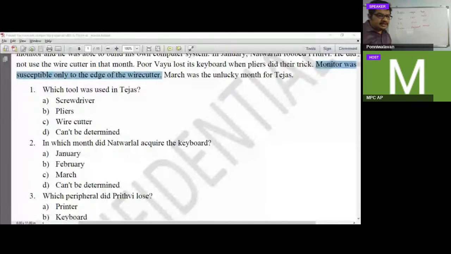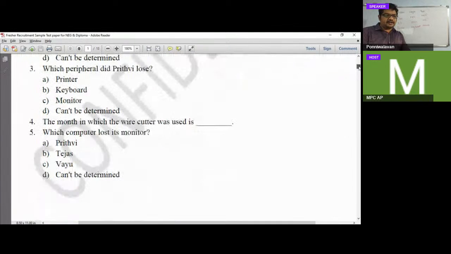What is the next question? In which month did Natwarlal acquire the keyboard? February. Superb. Next. Which peripheral did Prithvi lose?